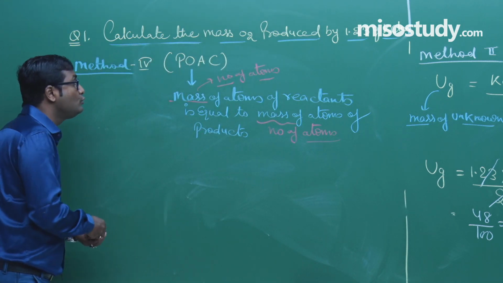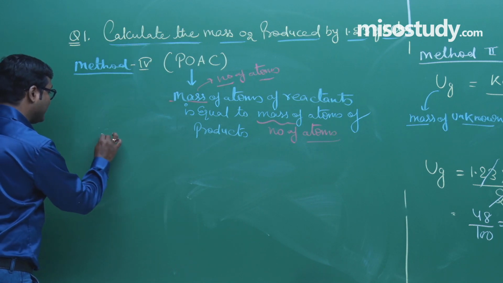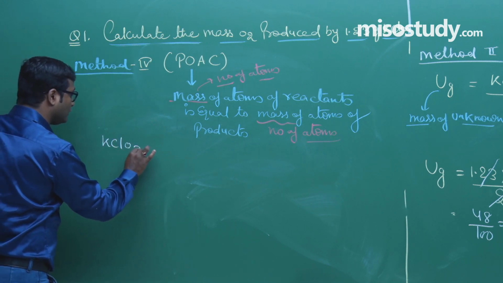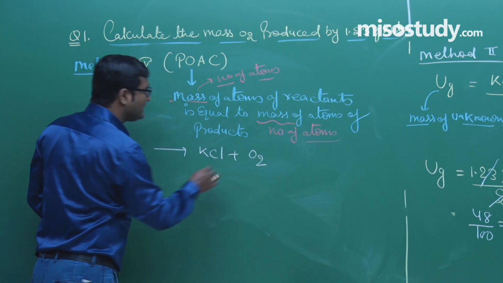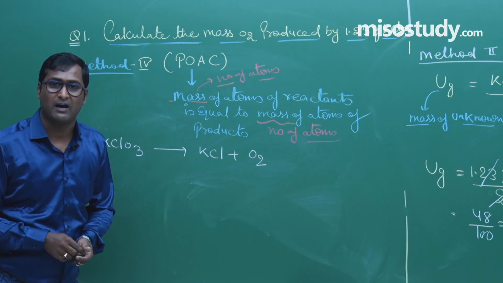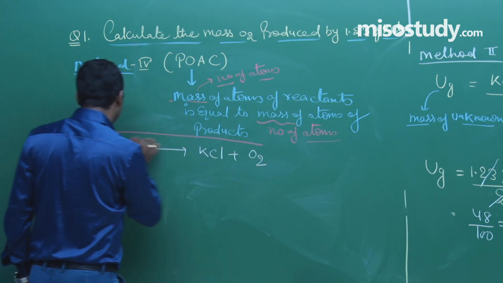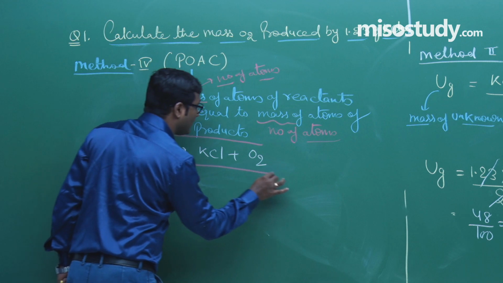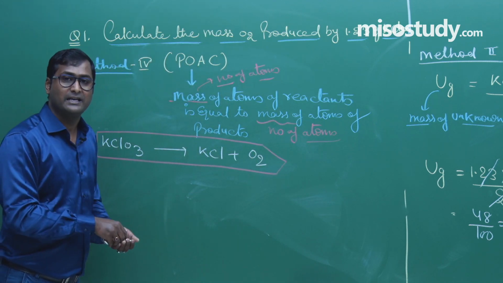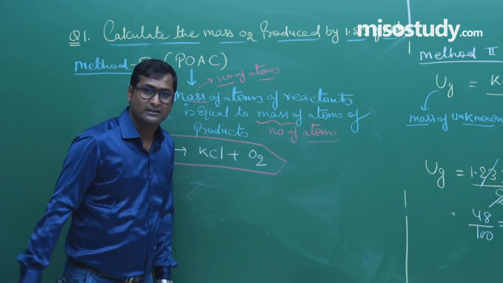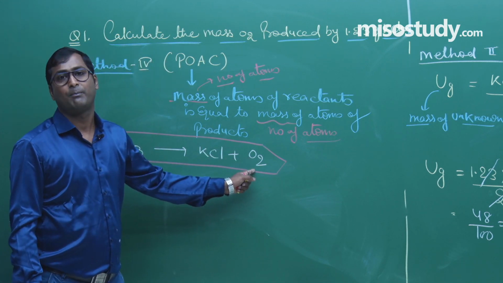Now how to use this method? The question is given, that is KClO3 gives KCl plus O2. Why is this method close to my heart, my friend? Because if you do not know how to balance the reaction, then for this method you do not need to balance the reaction. By using the unbalanced reaction, you can get the product.